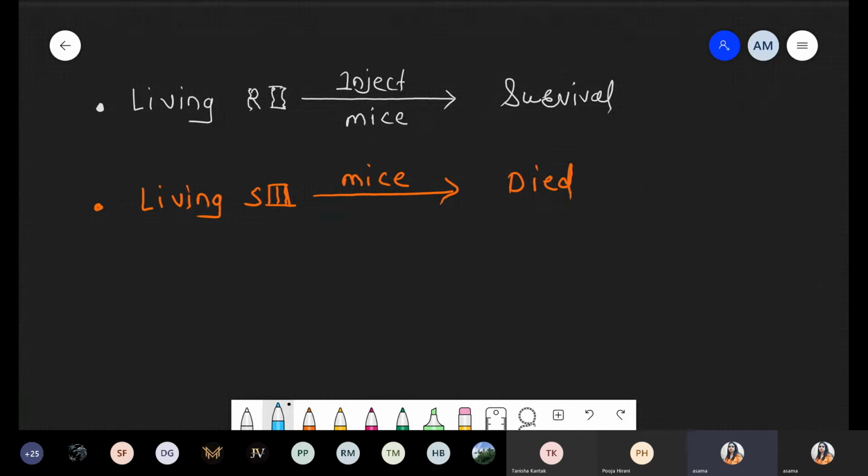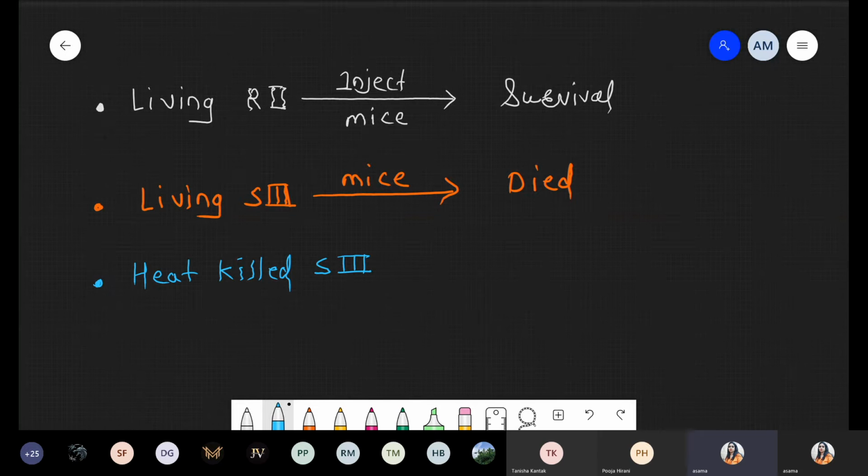Now the third one. The scientist repeated, and during the third experiment he used heat-killed S3 strain. Heat-killed means what? He took the S3 strain, all the bacterial culture, in a test tube and boiled it, holding it over a burner with a test tube holder, and it lyses all the bacterial cells.